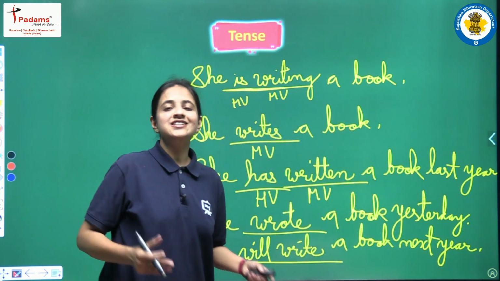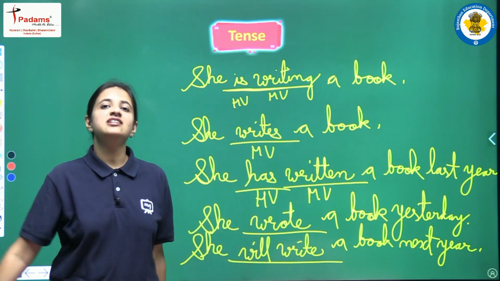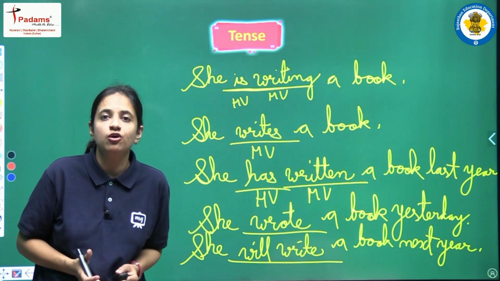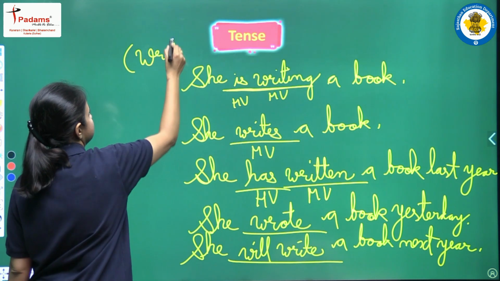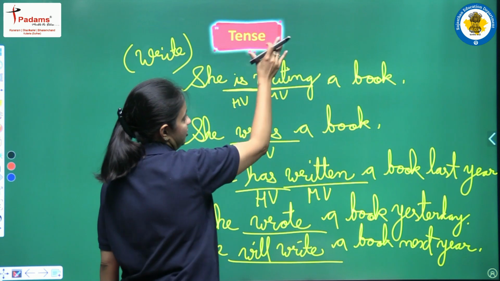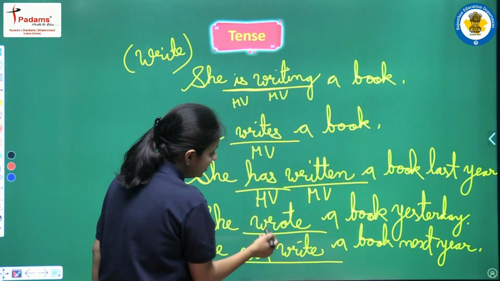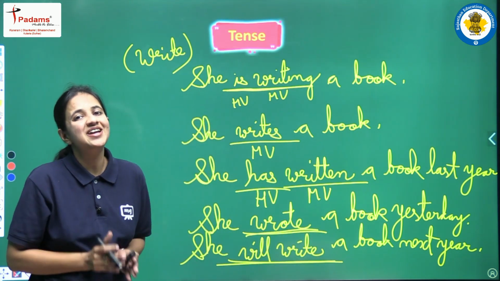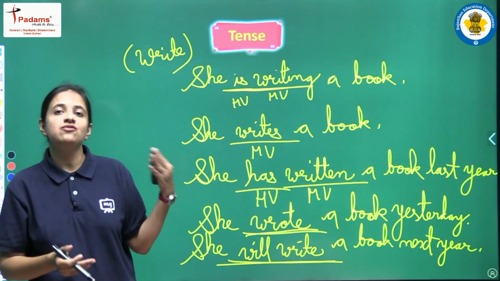Okay, so these are some of the sentences that we are having as examples, and in each and every sentence you can observe, you can notice this thing that we are having different forms of write. The main verb that we are having in all these sentences is write. This is the main verb, and in this sentence we are having writing, next we are having writes, then we are having written, then we are having wrote, and next we are having will write. So why are we having different forms of the same verb, why are we having different kinds of helping verb?